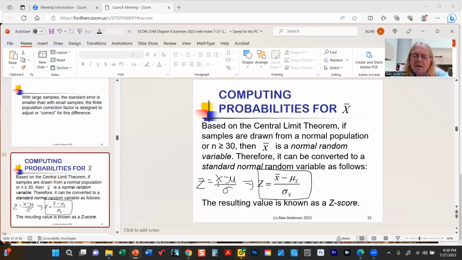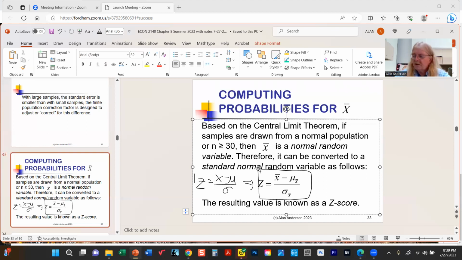If you want to calculate the probabilities for X bar using the tables, instead of the traditional formula, Z equals (X minus mu) over sigma, we replace that with (X bar minus mu X bar) all over sigma X bar. That number, whatever it is, is a standard normal random variable, Z, which can be looked up in the tables. And this number, by the way, is known as a Z-score.